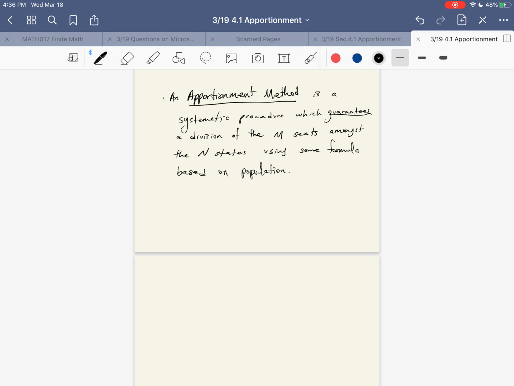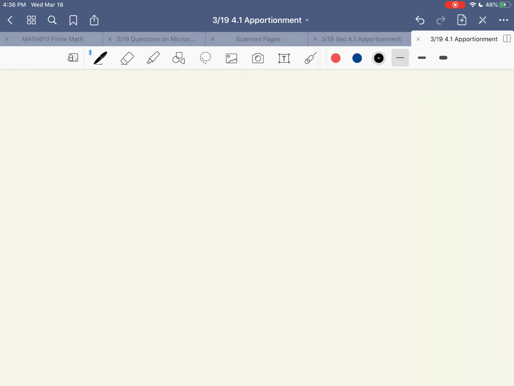So, in order to study these methods, we need a few more terms. This will be much more mathematical terms.